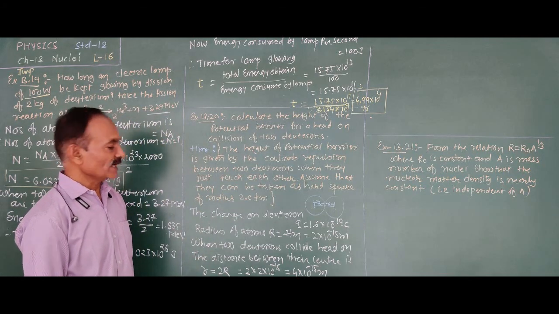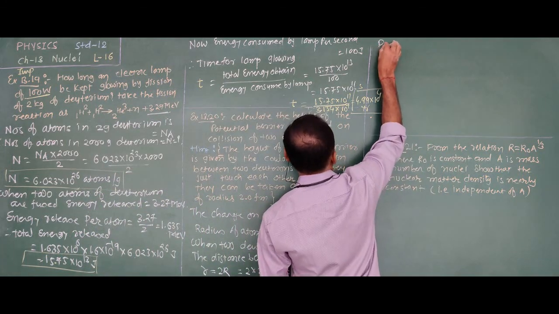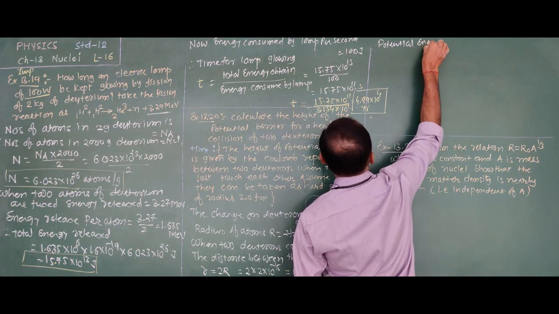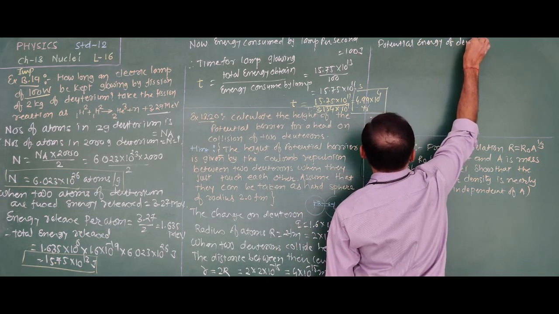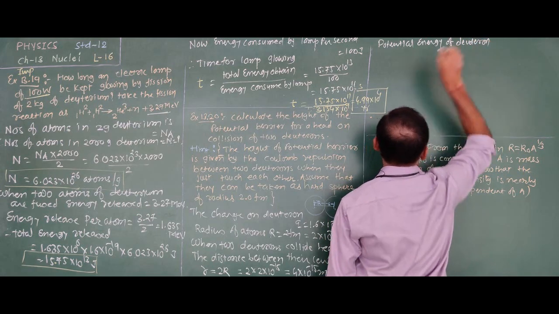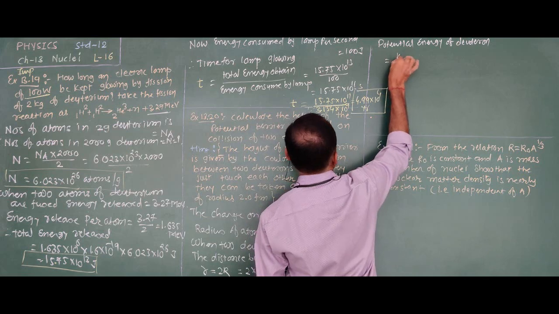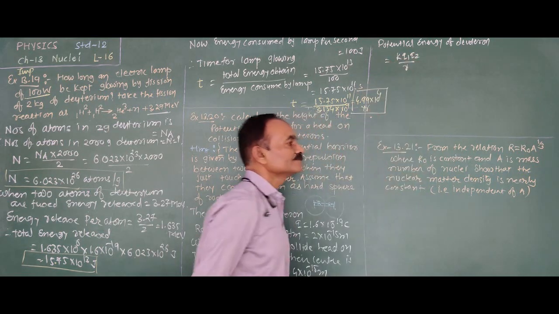Now, the potential energy of deuterium is equal to K into q1 q2 upon r.